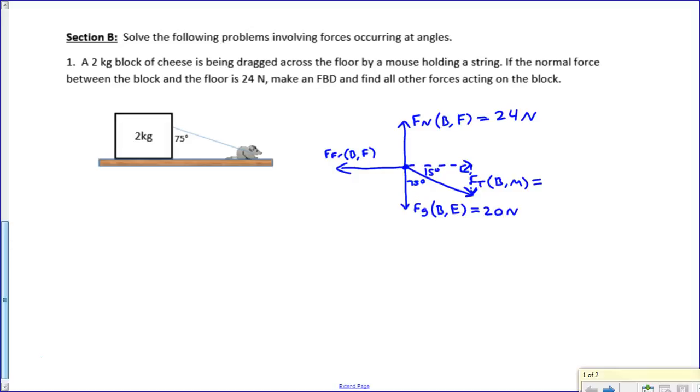So we know that this tension force, this component of it here, and actually I'm going to move this kind of off to the side, the downward component of this is 4 newtons for our Ft on the block by the mouse. All right. So the downward component there is 4 newtons because there needs to be 24 total down to cancel out with the 24 up.